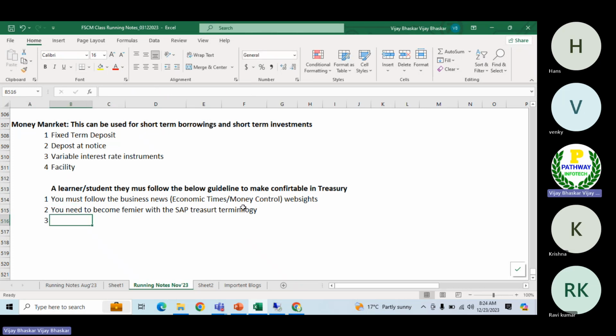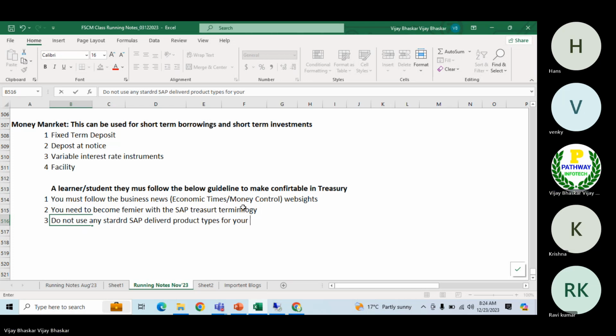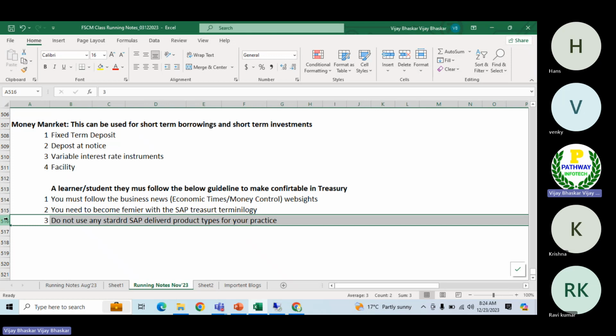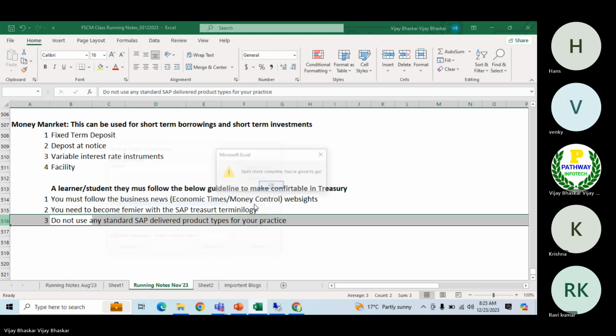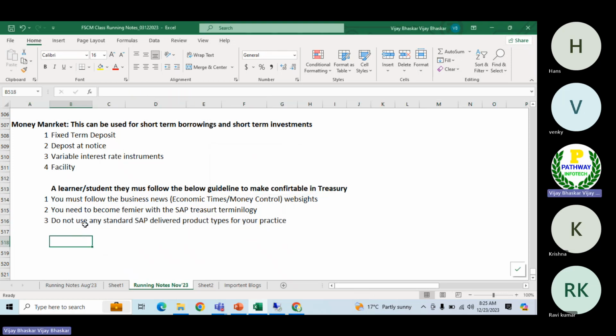Then the third thing, the very important thing, is do not use any standard SAP delivered product types for your practice.